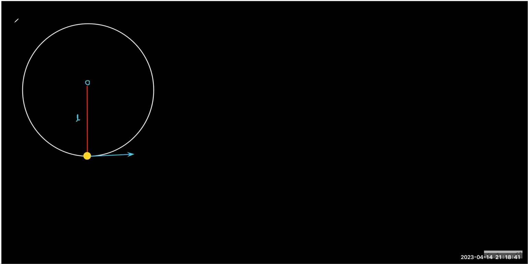So imagine a question in which I throw the ball at the bottommost point with V. So what do you think? What will happen? Will it cross this? Let's name it.